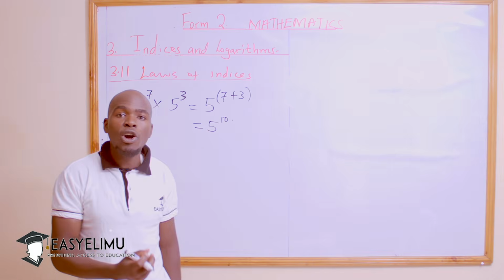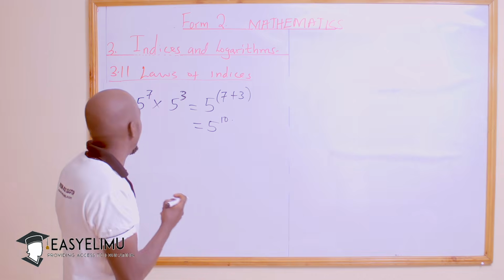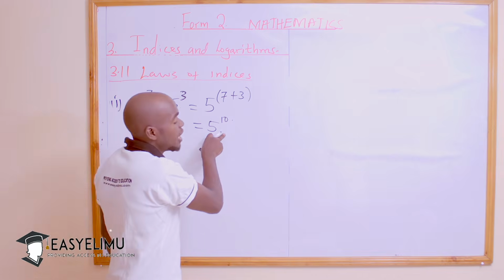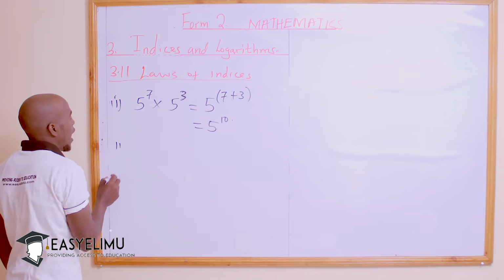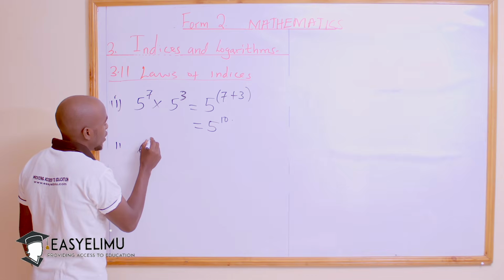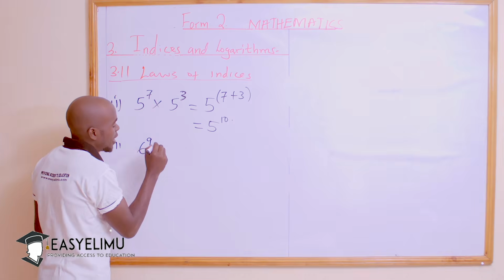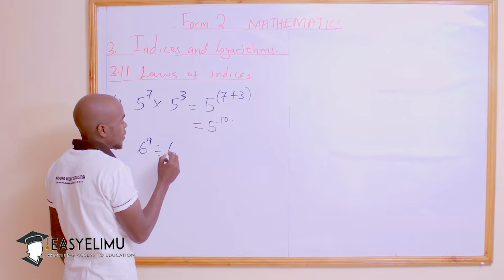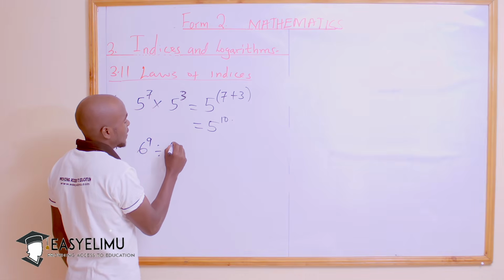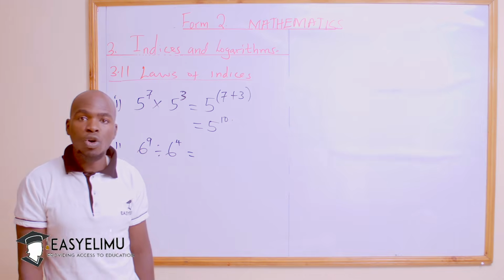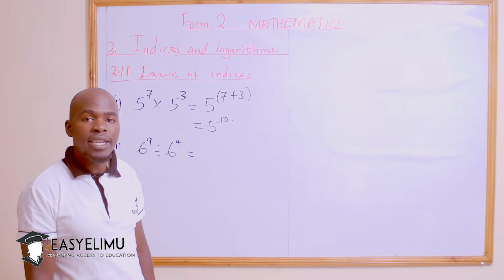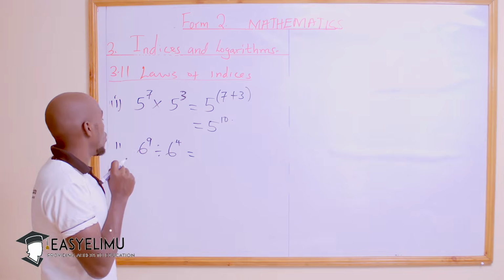And if you do the long way, or the long form, you will still arrive at the same answer. In case you have 6^9 being divided by 6^4, you will find this lies under the quotient rule, which is the difference of two powers.